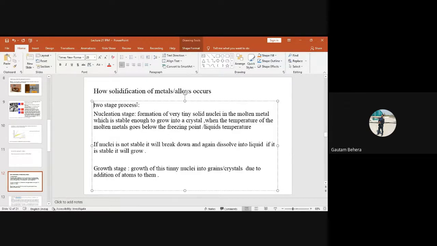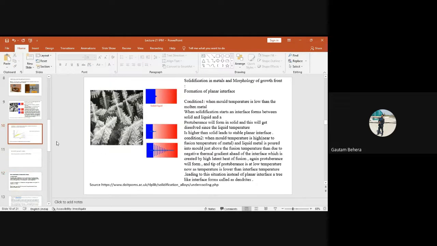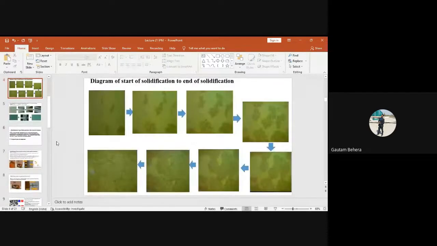So solidification happens in two stages. The first stage is called the nucleation stage, and the second stage is called the growth stage. I have already shown you this earlier. This image. Initially, you have only liquid, but at random positions inside the liquid, small, tiny crystallite nuclei are forming, which is nothing but solid, right?